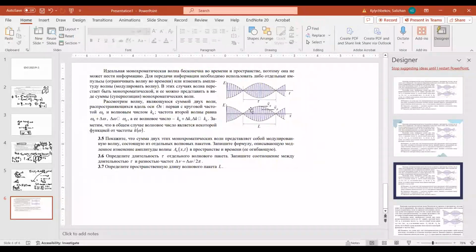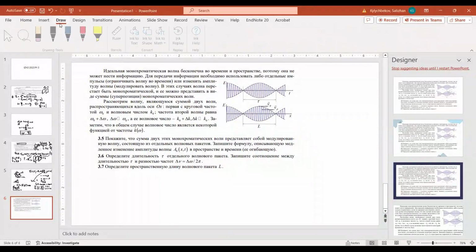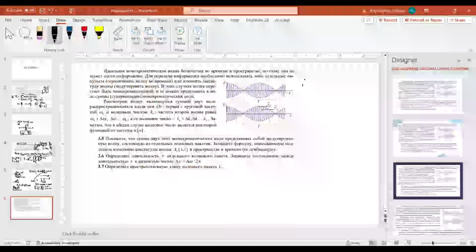Так, мне рейд. Идеальная монохроматическая волна бесконечна во времени и пространстве. То есть, поэтому она не может нести информацию. То есть, идеальный monochromatic wave. Ideal monochromatic wave is like this, да?